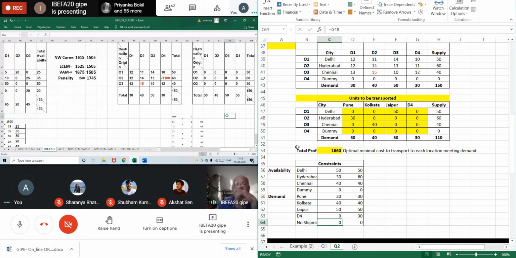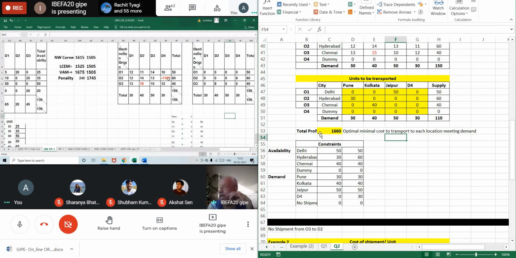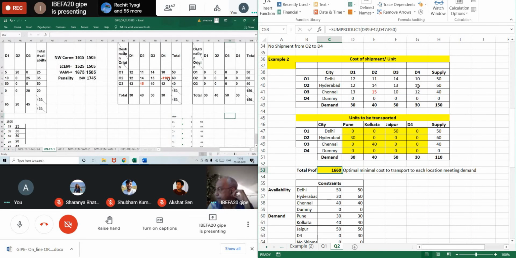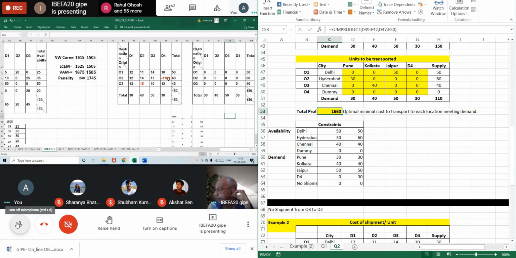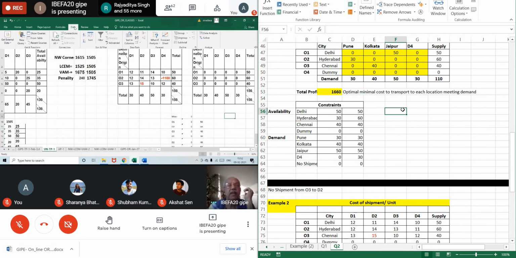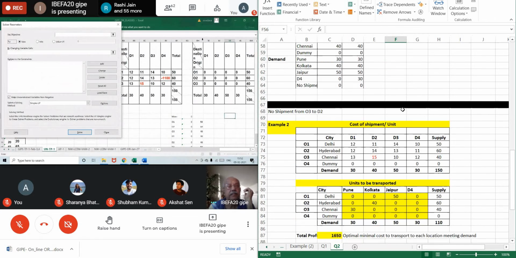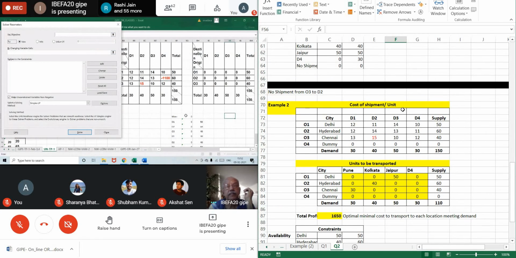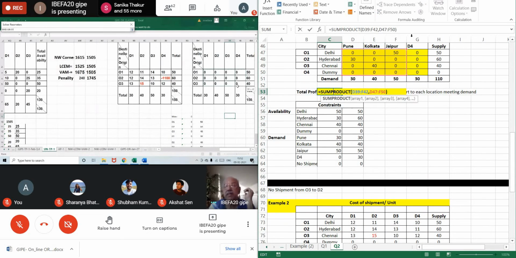Yes. So maximize the profit. First condition, O2 to D4 will be minus 1100. Is it okay? Yeah, sir. Okay. Now let us solve it and check. Maximum variable allocations are these.